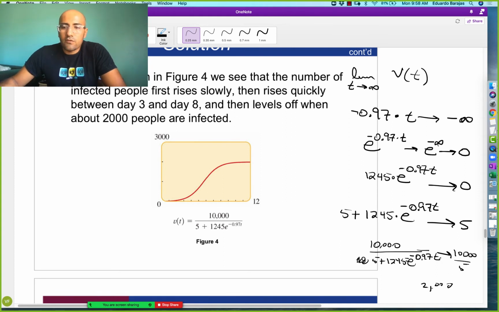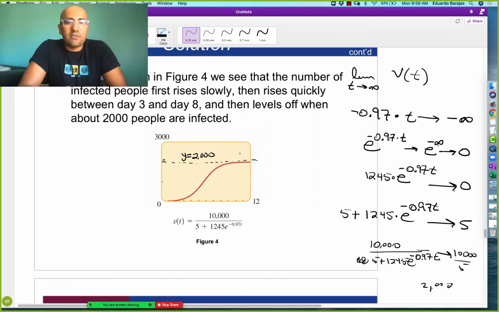So as t goes to infinity, this whole ugly fraction begins to approximate 2,000. This right here is the line y equals 2,000. So this virus spreading through the population looks like it plateaus around 2,000 people out of the 10,000.